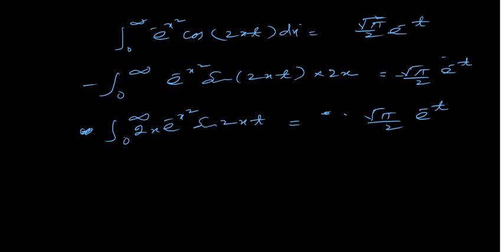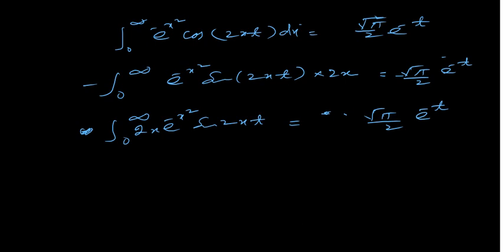But we are not allowed to use the differentiation here, because in that case if we take t equal to 0, the left side will be 0, but the right side will not be equal to 0. So this is not actually allowed here. Whenever it's allowed, this will be very beneficial, because you get different integrals by differentiating this function: cos of 2xt gives sine of 2xt. But here it's not allowed.